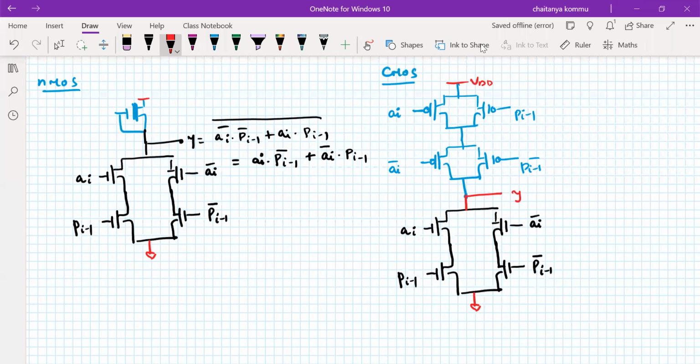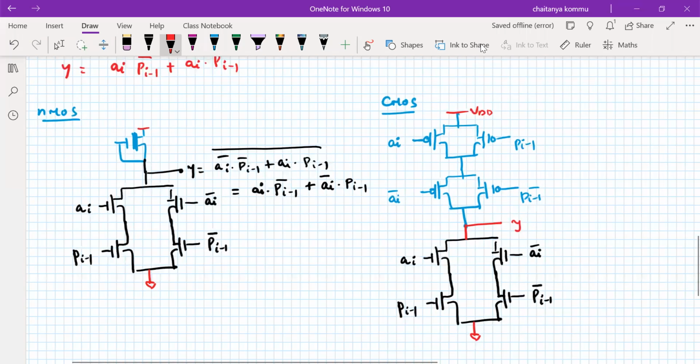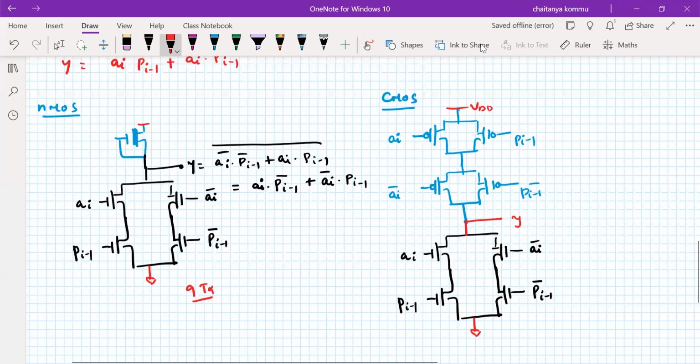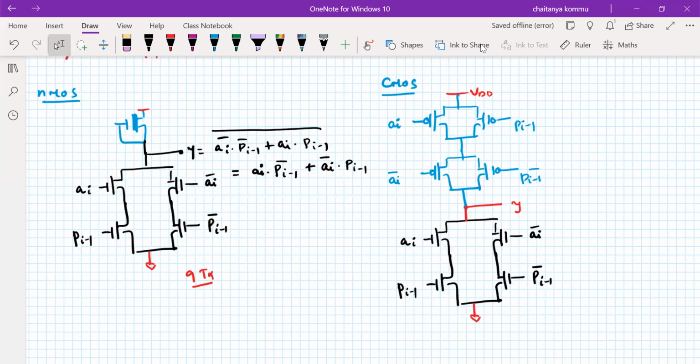This is the CMOS implementation. How many transistors are required here? 1, 2, 3, 4, 5, 6, 7, 8, 9. 9 transistors are required here. A bar is also taken, right? PI bar is also taken. Here how many? 4, 4, 8, 8 plus 4, 12. So 12 transistors are required in this case.